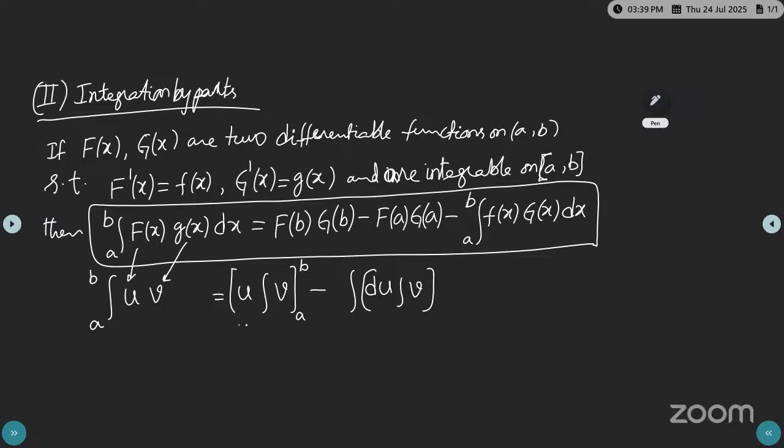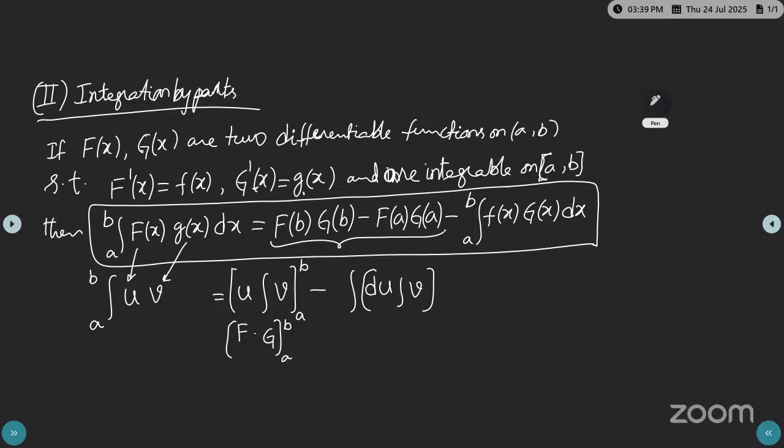Capital F. Integral of small g ఎంత? Integral of g dash. What is integral of capital G dash? Capital G. Limits from A to B. Are you getting the same or not? Capital F of B, capital G of B minus capital F of A, capital G of A.